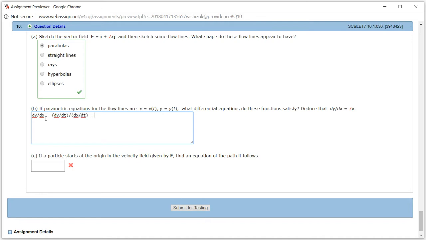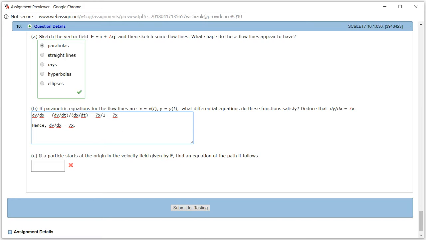The dy over dt is the derivative of the y component with respect to time, which shows up as the y component, 7x. Divided by dx over dt, which shows up as the x component, 1. So dy over dx is equal to 7x.